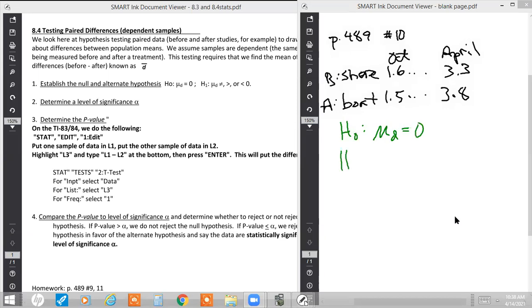Under our alternate hypothesis, it was two-tail, not equal to 0. We found the p-value to be 0.08. The level of significance they wanted here was 1%. So obviously the p-value is bigger, right? Don't reject the null hypothesis.